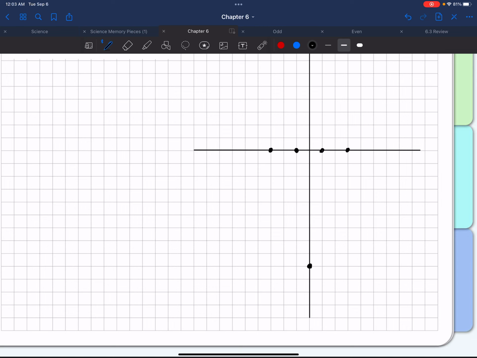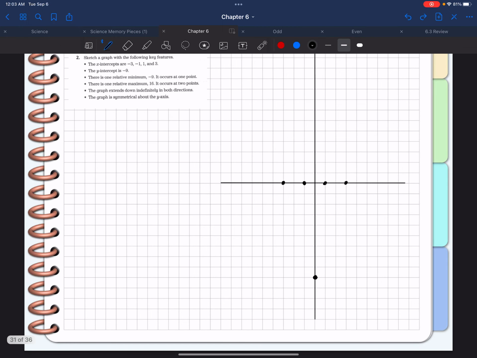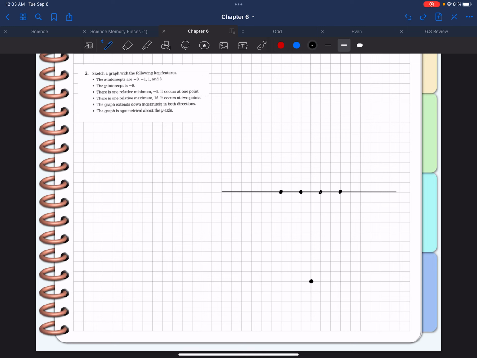And plop that down. And you may be thinking, well, how do you know that it's not over here? Because it said the intercept. That means it's touching the y-axis. It could be a minimum, but it's actually on the axis if it's an intercept.